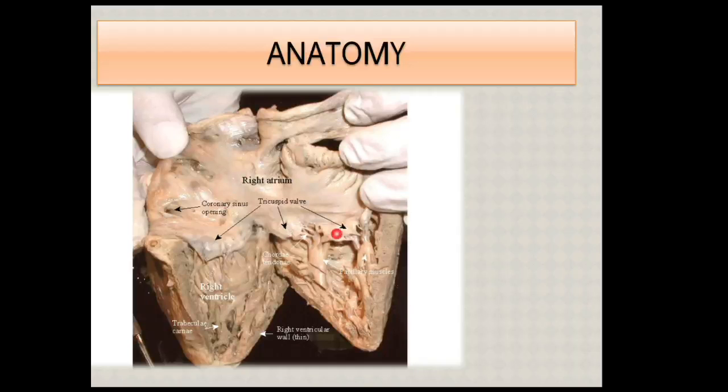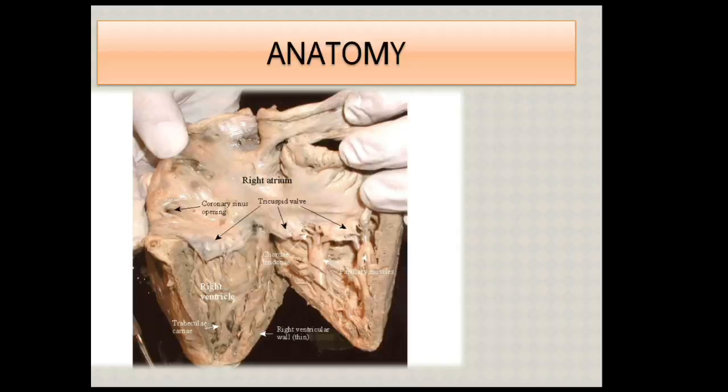This is present in the right atrium, and we have the right ventricle over here, and in this ventricle you may see a structure called the trabeculae carneae. These are thick structures which are present in the ventricle. Here you can see the trabeculae carneae along with the chordae tendineae.